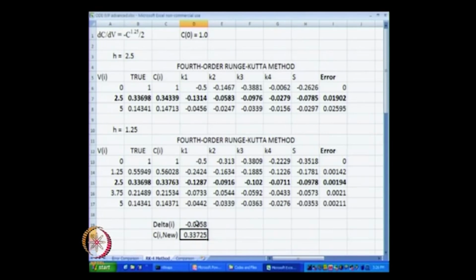This is the value that we are going to get.